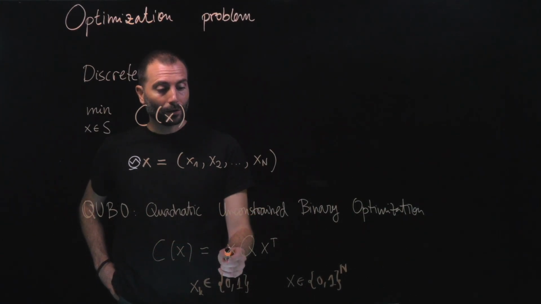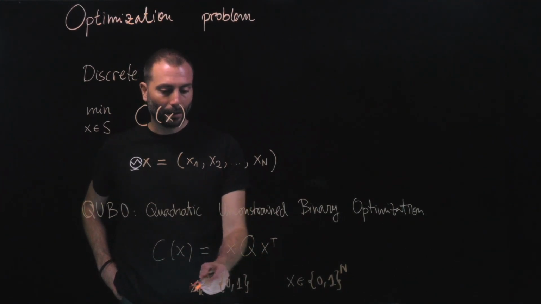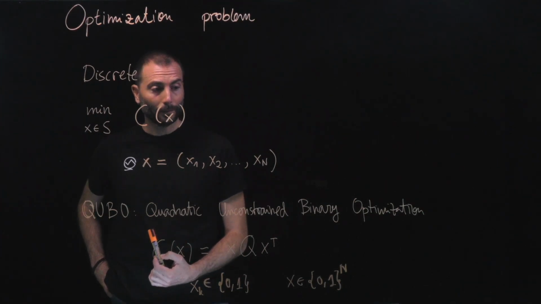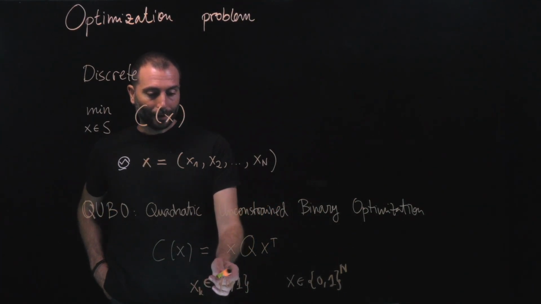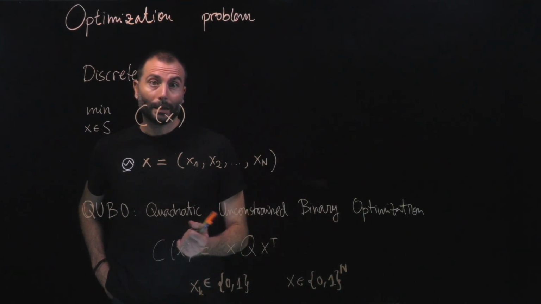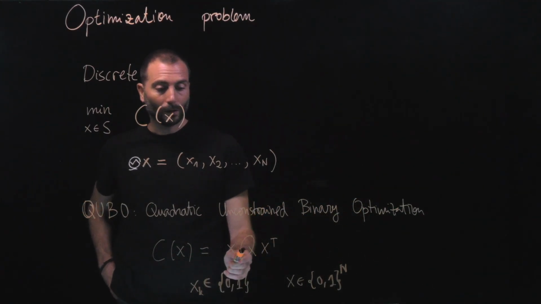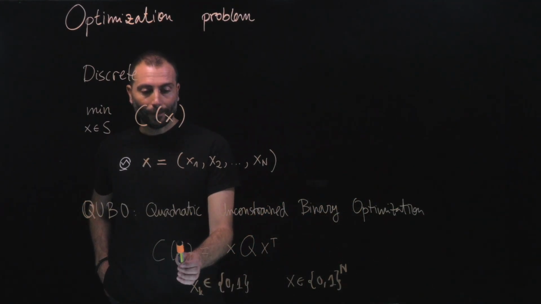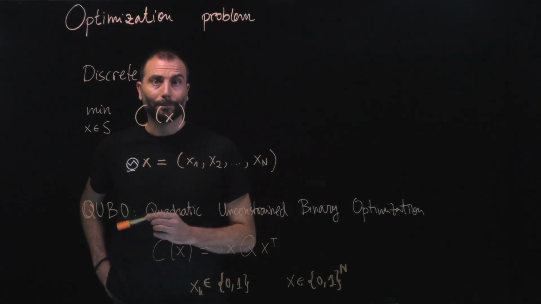It's unconstrained because notice that there is no constraint on which conditions these bit strings need to fulfill. It's binary because the components of x are basically bits, and optimization because the goal is finding which element x, which bit string, minimizes this quantity.